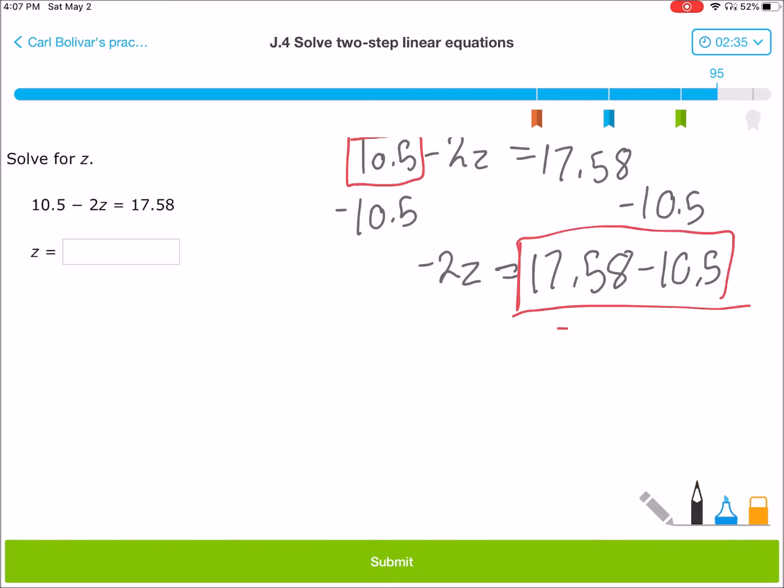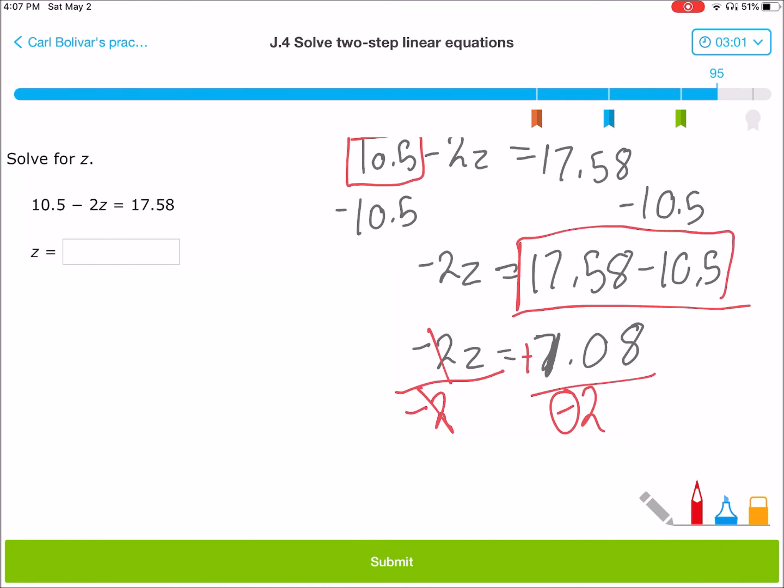And what that will give us is negative 2z is equal to 7.08. Right? Yep. Now we have to divide each side by negative 2. And when we do that, we have a negative and we have a positive right here. What is a negative and positive when they divide each other?